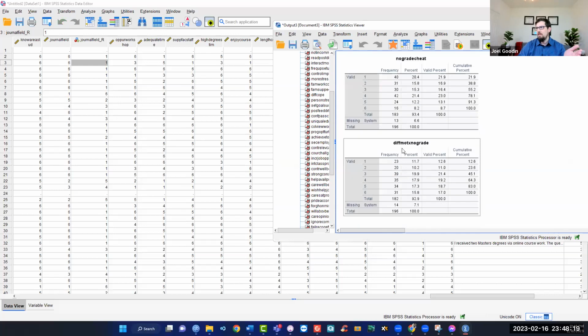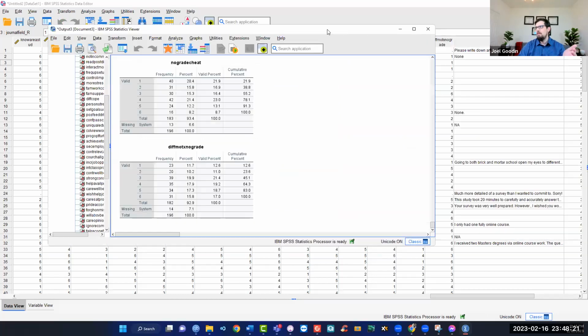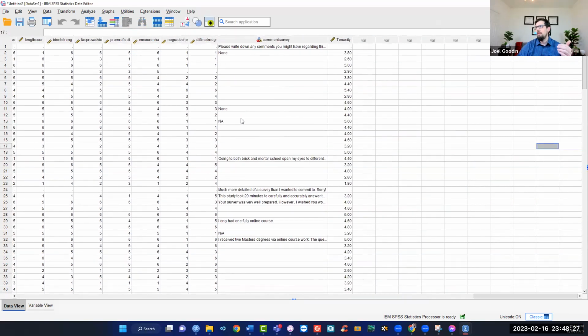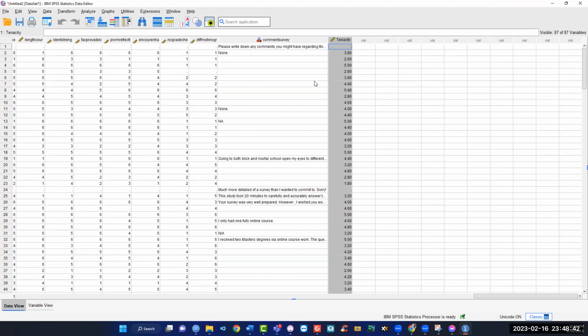Now we have tenacity scores. We're not meant to have individual item level evaluation to understand.